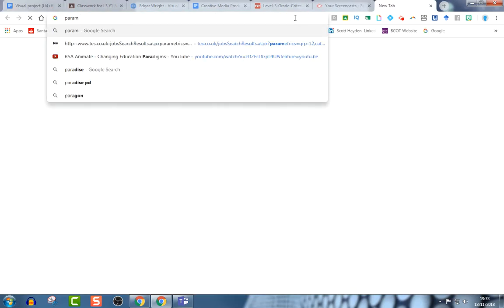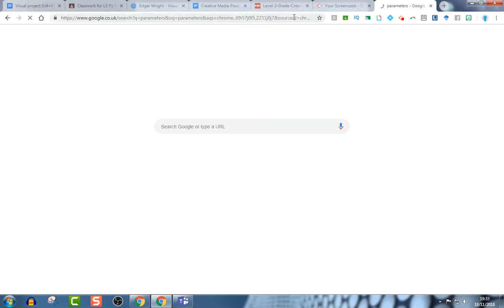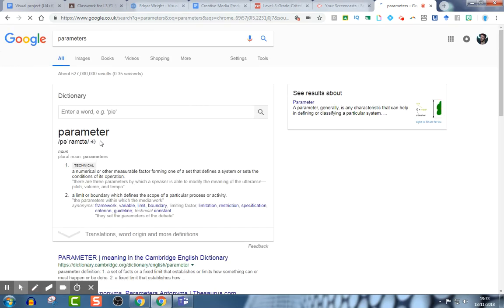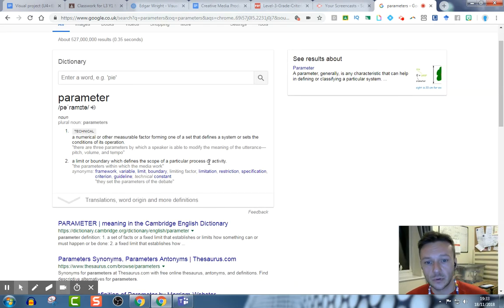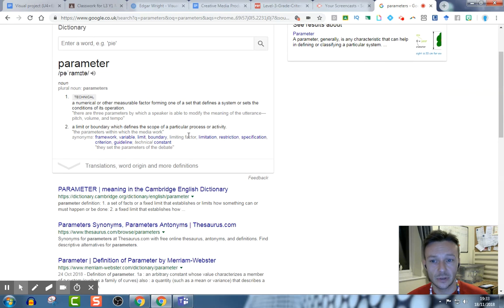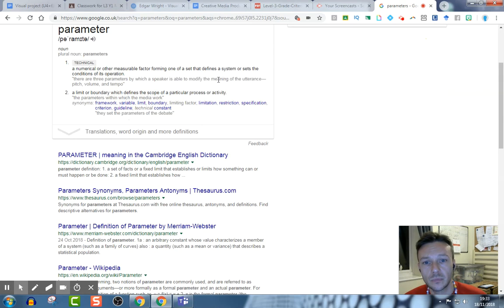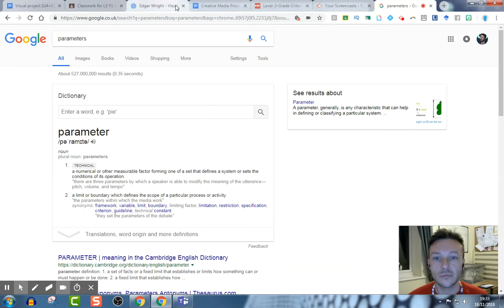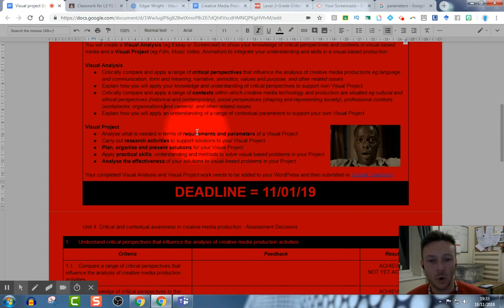Let's get a definition here for you, shall we? So in terms of parameters, it's what defines a system, the outline, as it were. Something that defines the scope of a process or activity, the limits is a better way of phrasing it, I suppose. So, what are the requirements and limits is a far better phrase of your visual project.